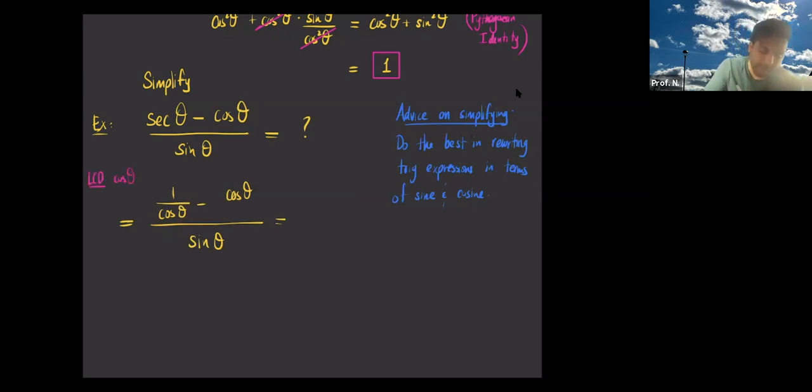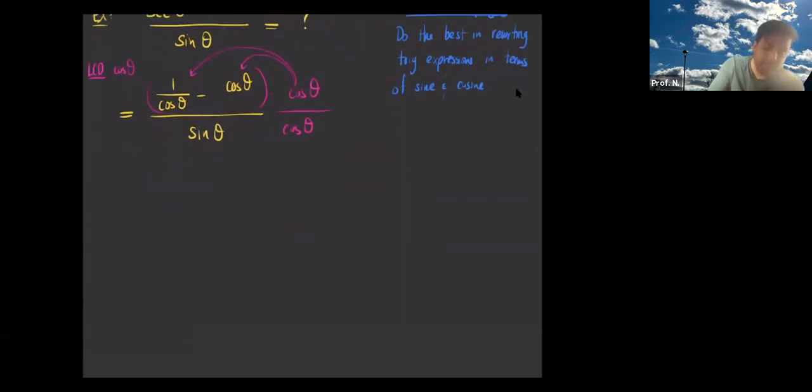So what if I multiply the top by cosine theta and the bottom by cosine theta? What happens? Remember the cosine theta here? I distribute it and look what I get. 1 over cosine theta times cosine theta is equal to 1 because it's just a reciprocal, right? And then minus, what's cosine theta times cosine theta?